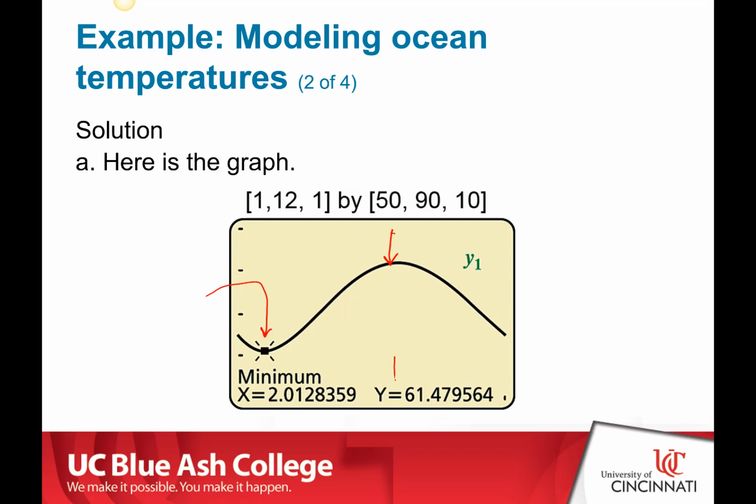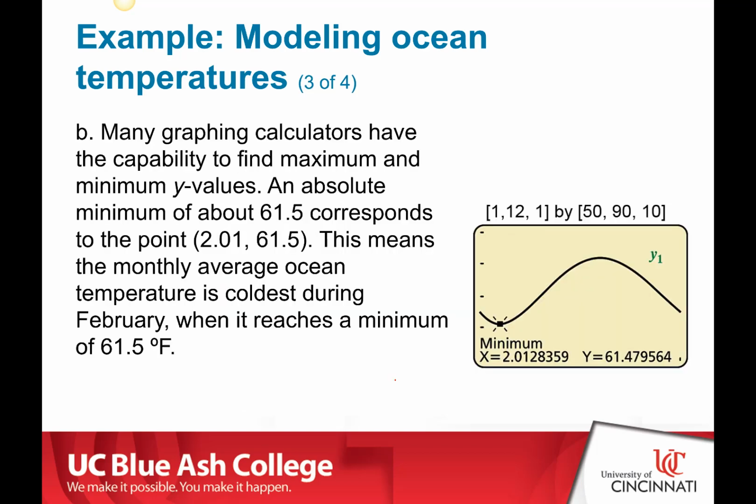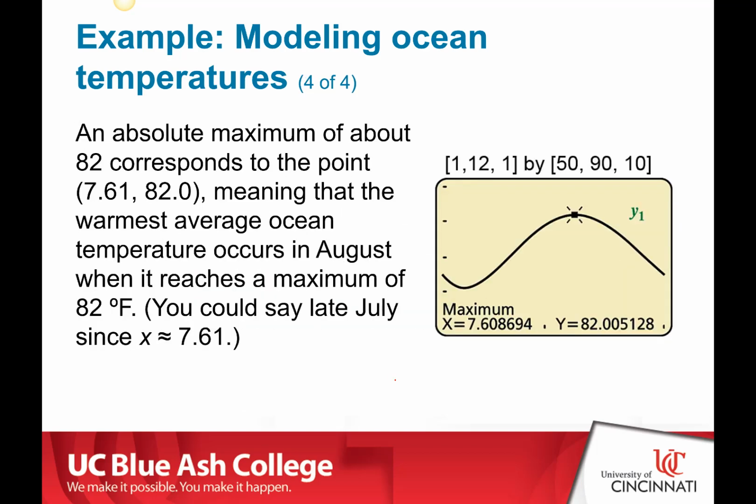Okay. So if you were going to Bermuda and you wanted to find the maximum temperature, the maximum is going to be at about 7.5. What does that mean months-wise? About halfway through July?